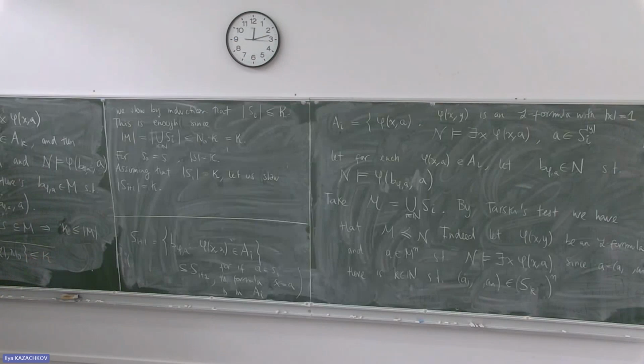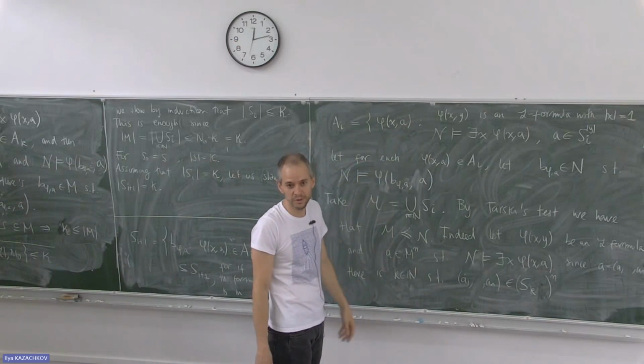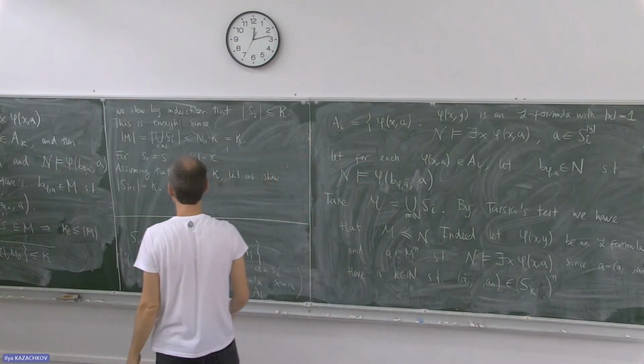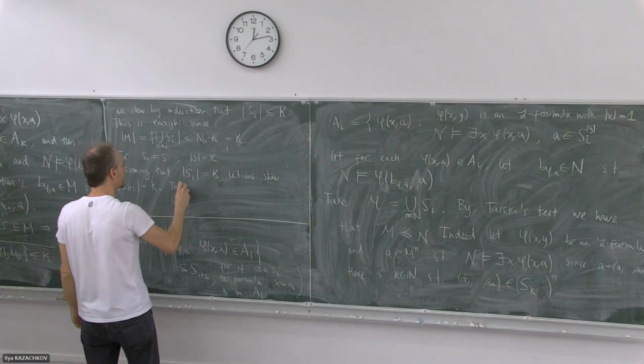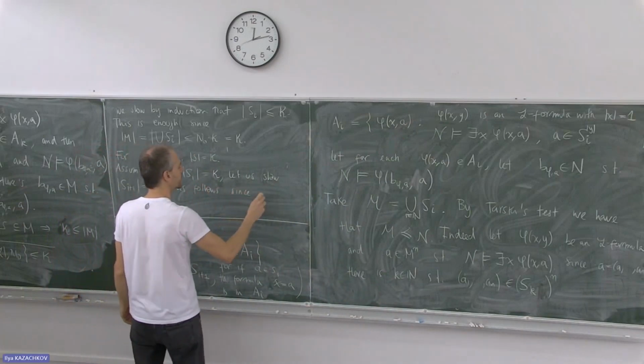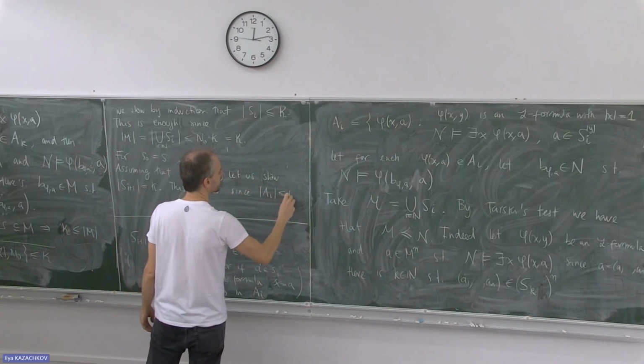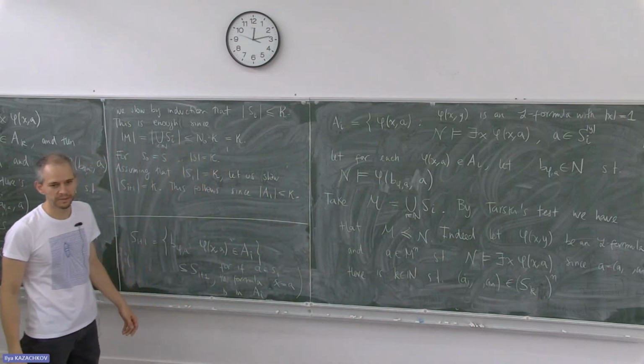So the symbols in my language are at most kappa, and so are formulas, because formulas are just finitely many symbols from L. And formulas applied with elements of A, I will also have only at most kappa. This follows since the set A has cardinality at most kappa. Okay?